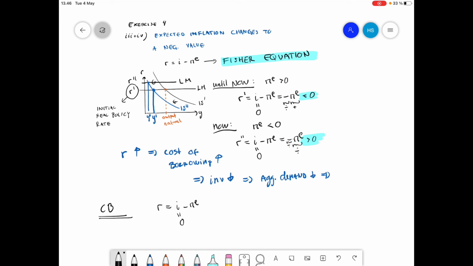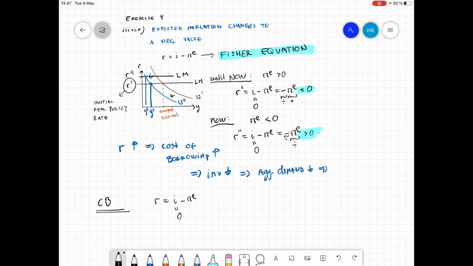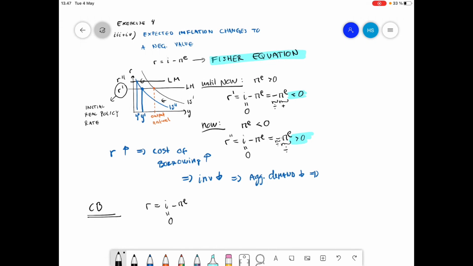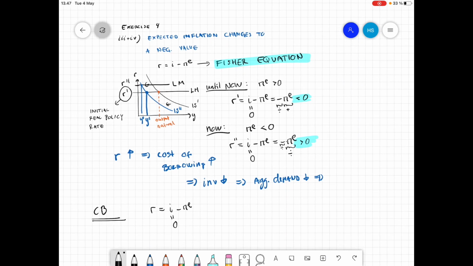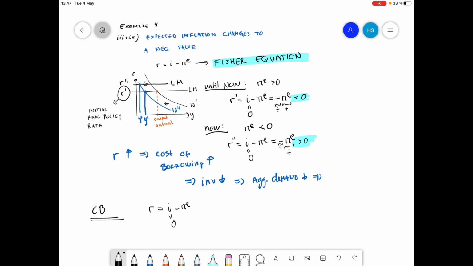So the only way that the central bank could bring about an increase in GDP or output would be through quantitative easing or forward guidance or other ways of manipulating the real policy rate. So in this case, the central bank cannot lower the nominal interest rate. It's already equal to zero.